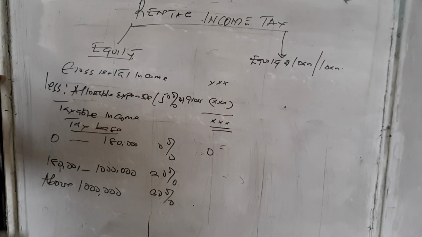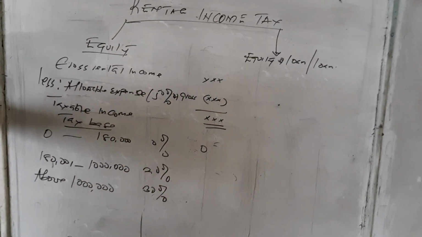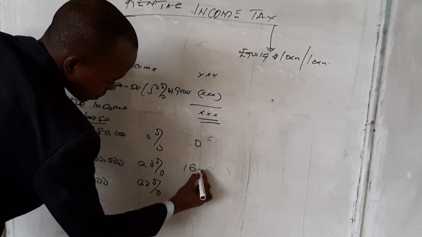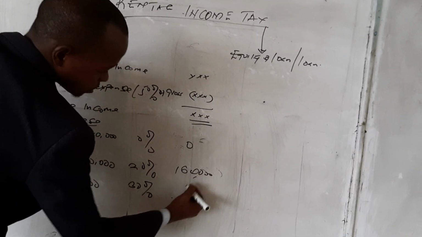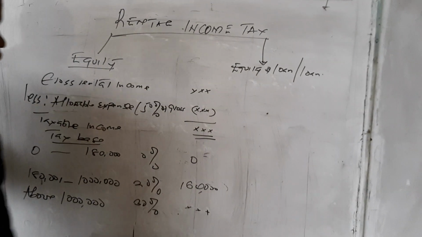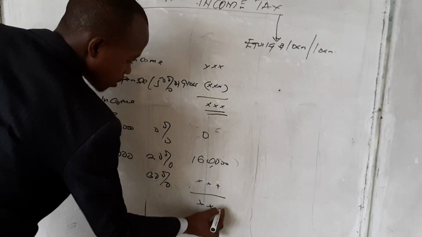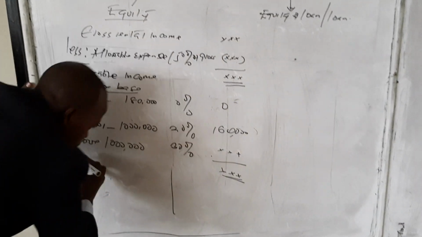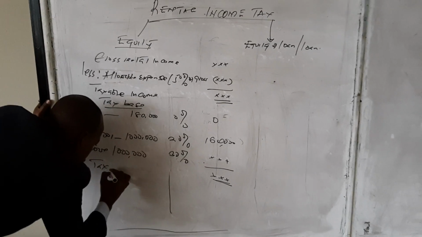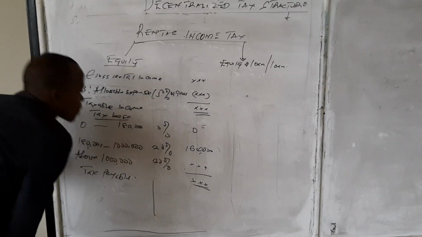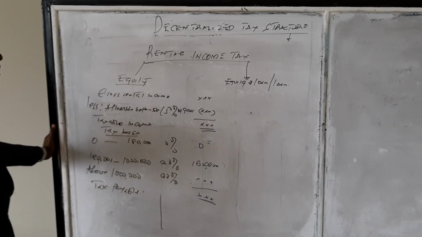So therefore here this 20% gives you 164,000 always. Then you put your figure here, then you add up these figures, then you get the tax payable or the tax liability.